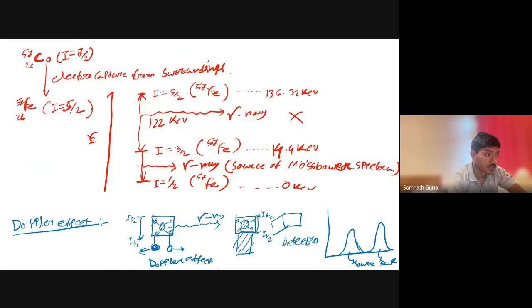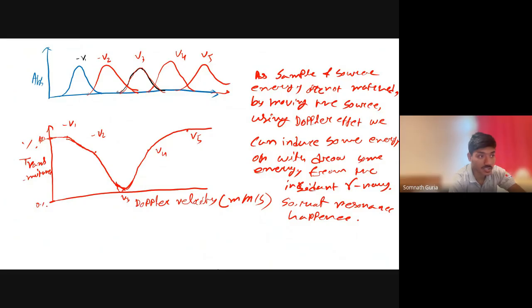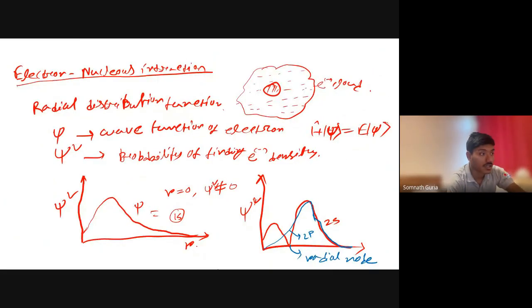With respect to the Doppler effect, we get the spectrum by moving the source, providing some energy or taking energy out of the source, and providing that particular gamma ray energy to the sample, which absorbs it, and we will get a curve, that is the transmission curve. That depends on how much energy we are providing.